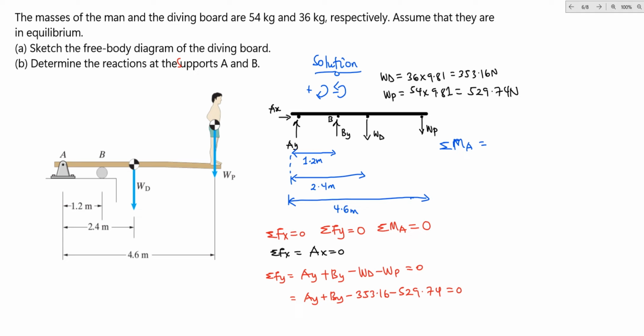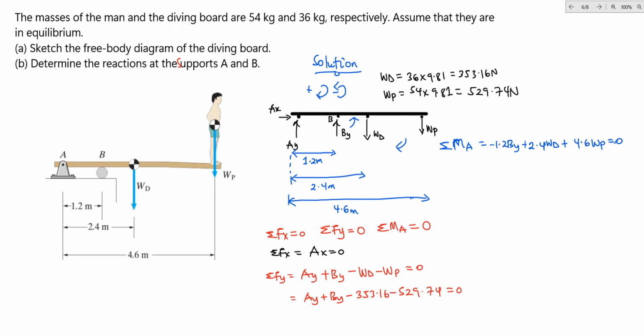By will cause a counterclockwise moment, so that's going to be negative, and its perpendicular distance from point A is 1.2. So you're going to have minus 1.2 multiplying By. WD will cause a clockwise moment, and its perpendicular distance from point A will be 2.4, so you have plus 2.4 multiplying WD. WP also will have a clockwise moment, so you're going to have plus 4.6 WP, and this should be equal to 0.